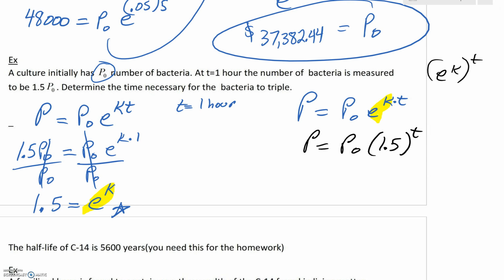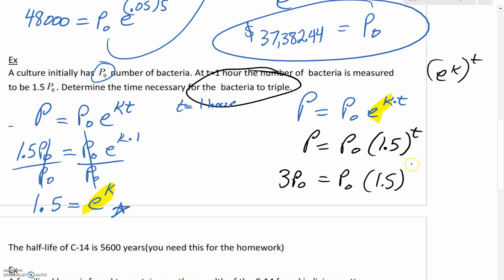I advise you to solve for e to the k, and now they're going to say, how long will it take to triple in your growth? Well, what you're saying is, I want to end up with 3 times what I began the problem with. Even though I don't know the exact specific number, I could still figure this out. I can divide by p sub 0, and this will wipe out, and that will wipe out.